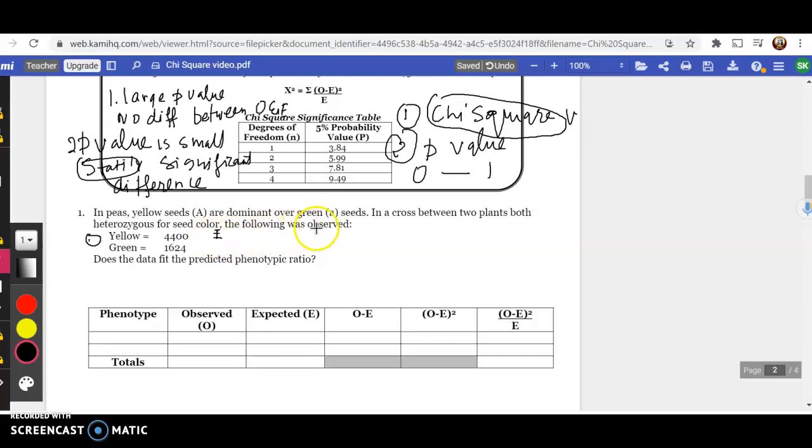And let's see how we are going to calculate the expected value. It says there is a cross between heterozygous plants. So we are going to take Aa and cross it with Aa, and draw the Punnett square.